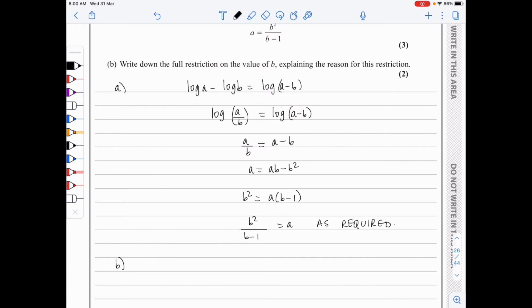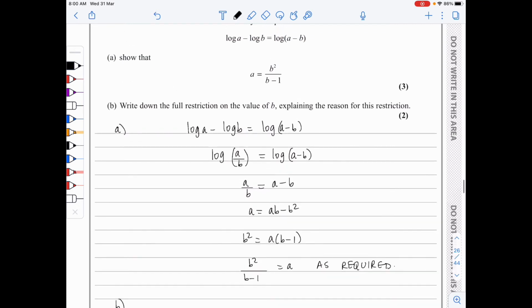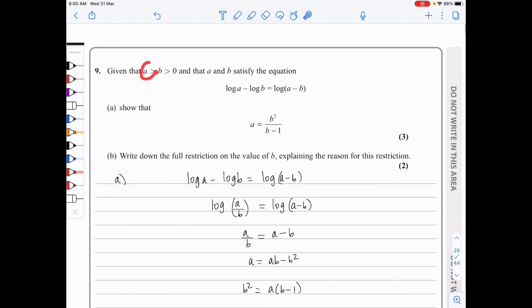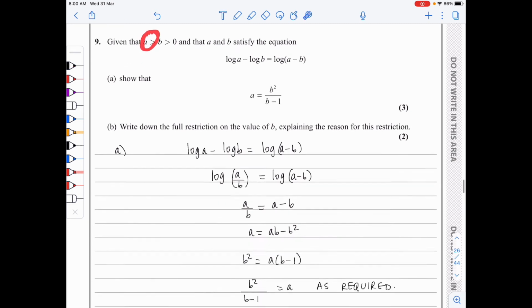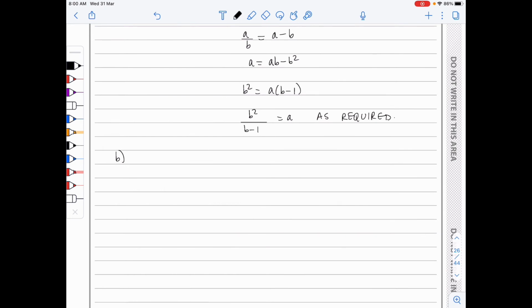In part b, we need to write down the full restriction on the value of b, explaining the reason for this restriction. So what we need here is a being positive. That's what we have. a is positive. So we just write, since a is positive, b squared over b minus 1 must be positive.